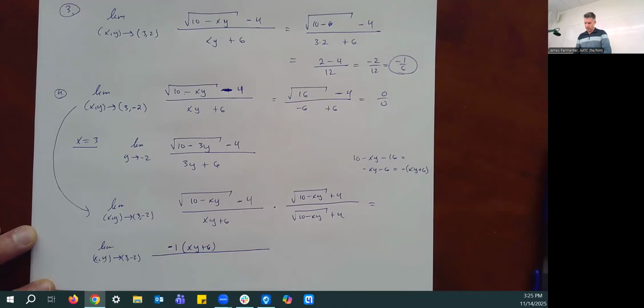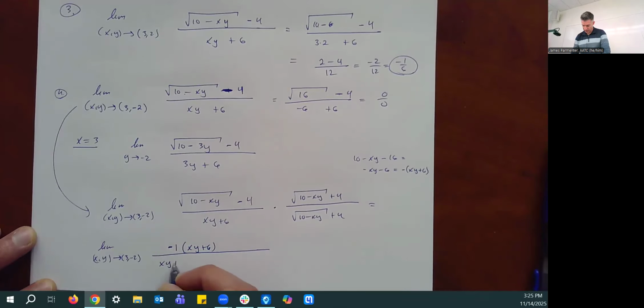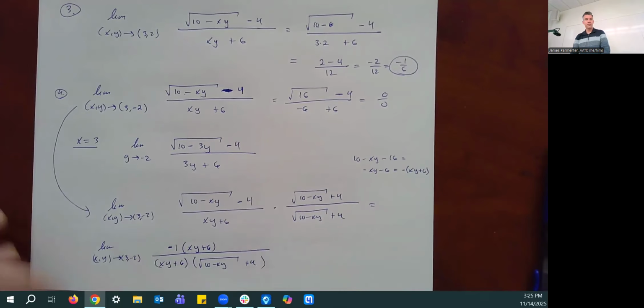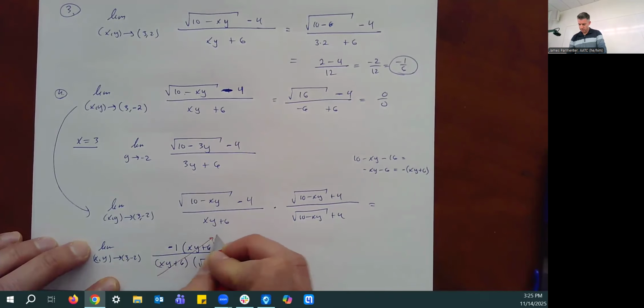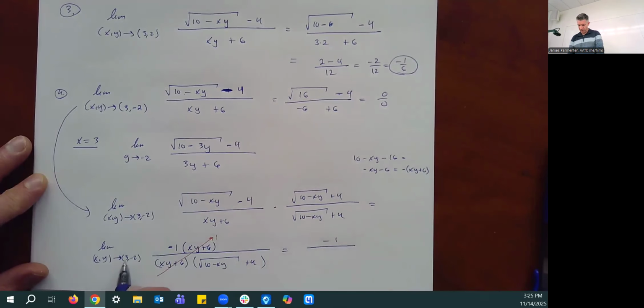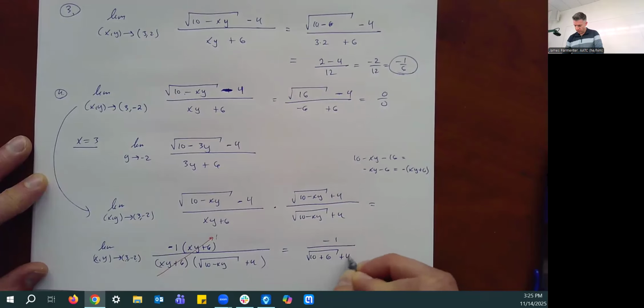My denominator is xy plus 6 times the square root of 10 minus xy plus 4. And then the xy plus 6's divide to 1. We're left with negative 1 divided by, plugging in 3 for x and negative 2 for y, the square root of 10 minus negative 6, plus 4, which is going to be negative 1 over 8.